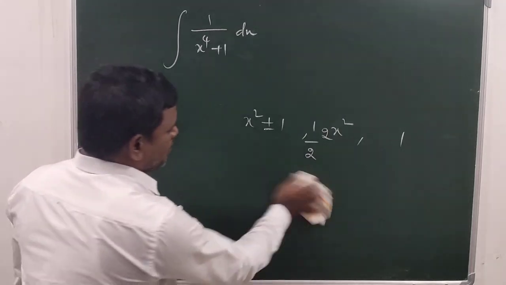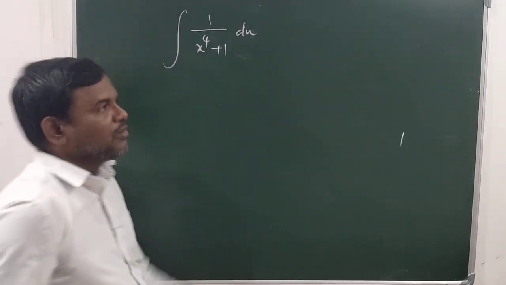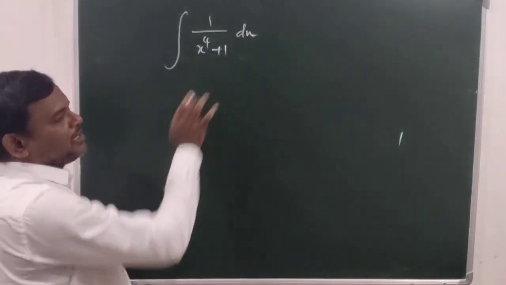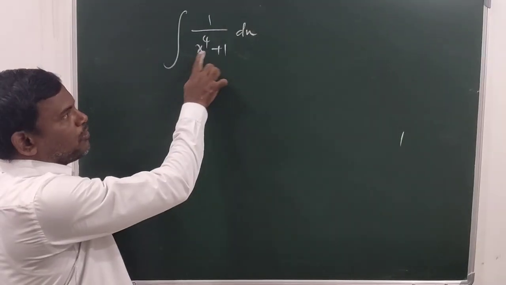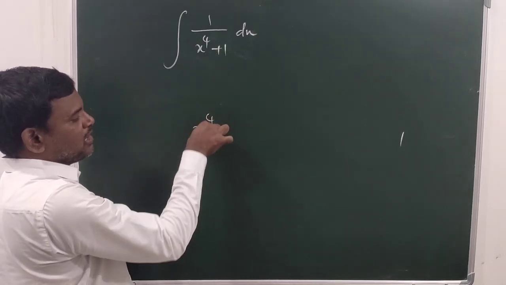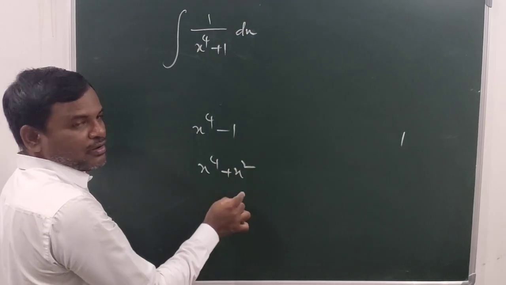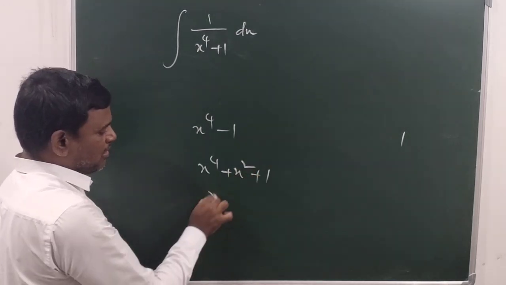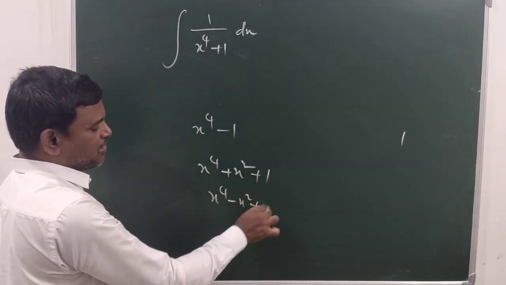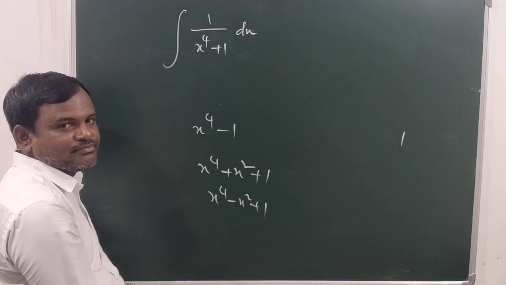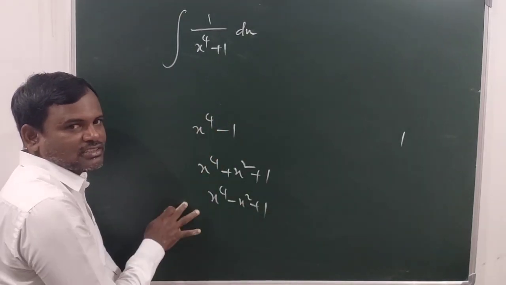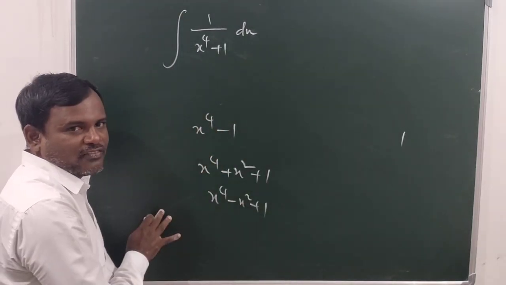Now, what is given in the numerator? 1 is given. In all these applications, in the denominator we get either x power 4 plus 1, or x power 4 minus 1, or x power 4 plus x square plus 1, or x power 4 minus x square plus 1.